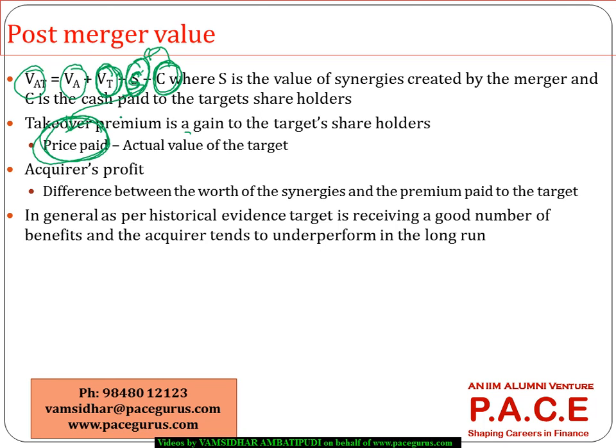In most cases we see that the target shareholders get a good share of the benefit, because it has been historically observed that in the long run, the synergies that were initially estimated, the companies are not able to meet that kind of expectation, resulting in failing.